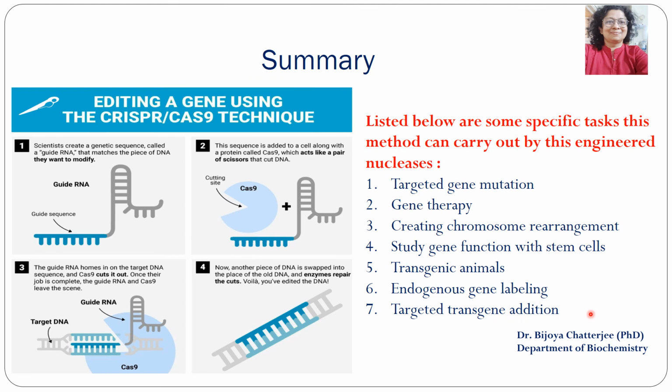So these are the various tasks that can be carried out with the help of gene editing with the CRISPR-Cas9 technique or other nucleases which we mentioned, such as the zinc finger nucleases, meganucleases, and the TALENs.